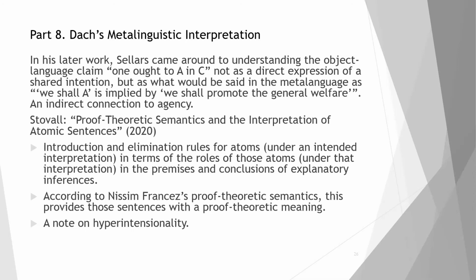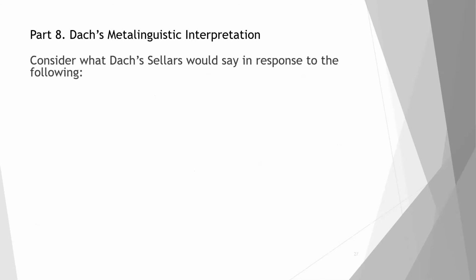But it's easy to see that it's hyperintensional because the meaning of A is going to differ from the meaning of A and A, because A and A is going to be justified by the introduction rule, and A is going to be justified by whatever its introduction rule is. So now consider what Sellars would say in response to the following. Why ought one A?